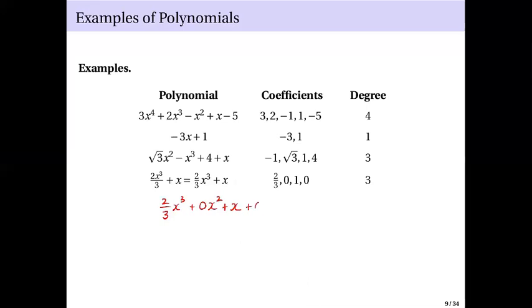So you can just write that plus 0 at the end. So what does this mean? The coefficients are this 2/3, this 0, the 1, and the 0. So 2/3, 0, 1, 0. So these are the coefficients of this polynomial. Okay? Question so far?